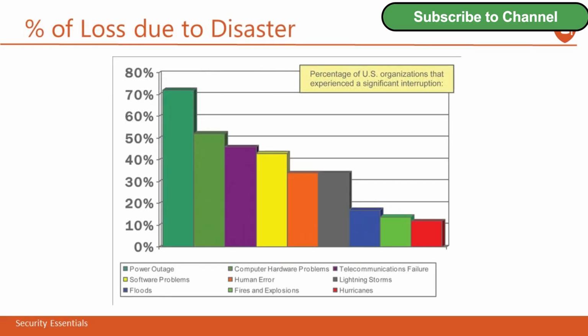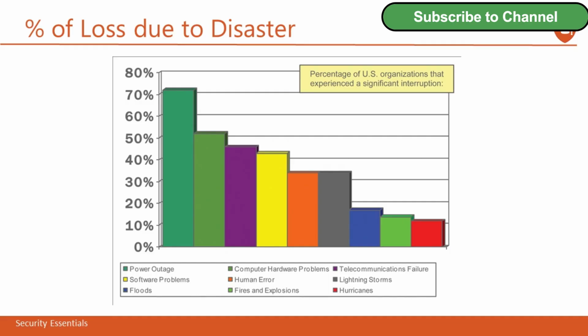Next, we have a graph that shows the percentage of organizations that have experienced some form of significant interruption and what happened. As you can see, the most common incident is a power outage. Following that, we have software problems, computer hardware problems, human error, some form of failure.